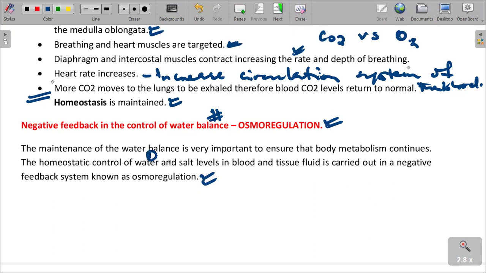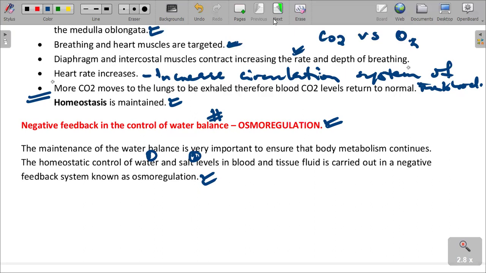So a control of what? Of water, and also salt, which I'm sure you remember, is there to affect the osmotic gradient or the osmotic pressure gradient. So that is one thing that we need to understand. So class, please take note that the negative feedback of water balance in the body is called osmoregulation.